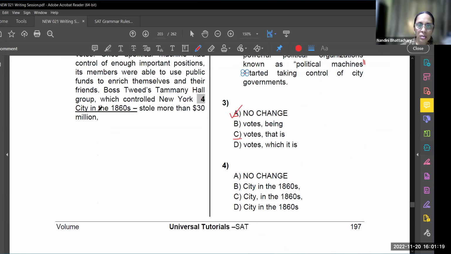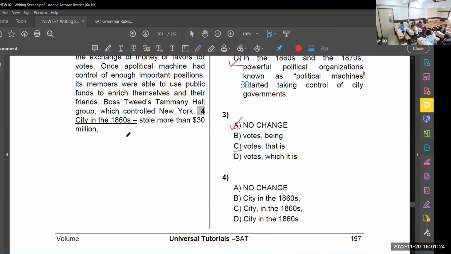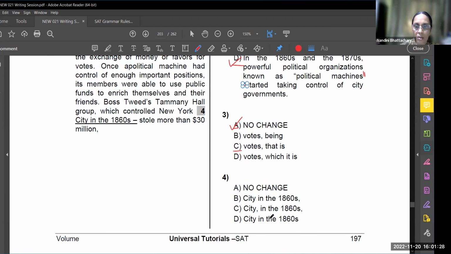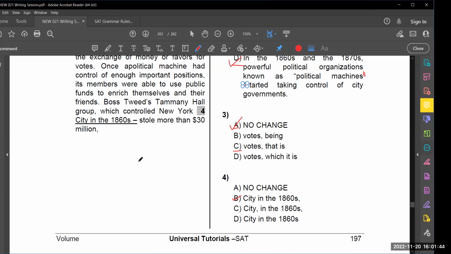Okay, coming to number 4. B. B. Okay, why B? Can somebody explain why B? Ma'am, because we don't use the dash, it won't come between 1860s and stole more than $30.